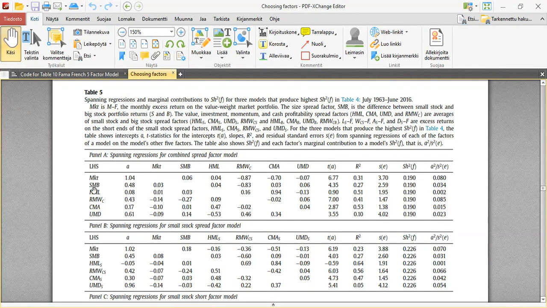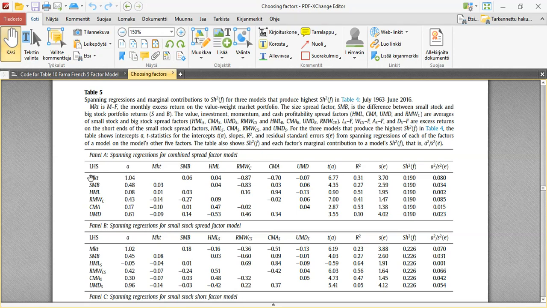So adding the size factor to the other factors here increases the mean variance frontier. We also see that the marginal contribution to the model's maximum squared Sharpe ratio is 0.034 units.